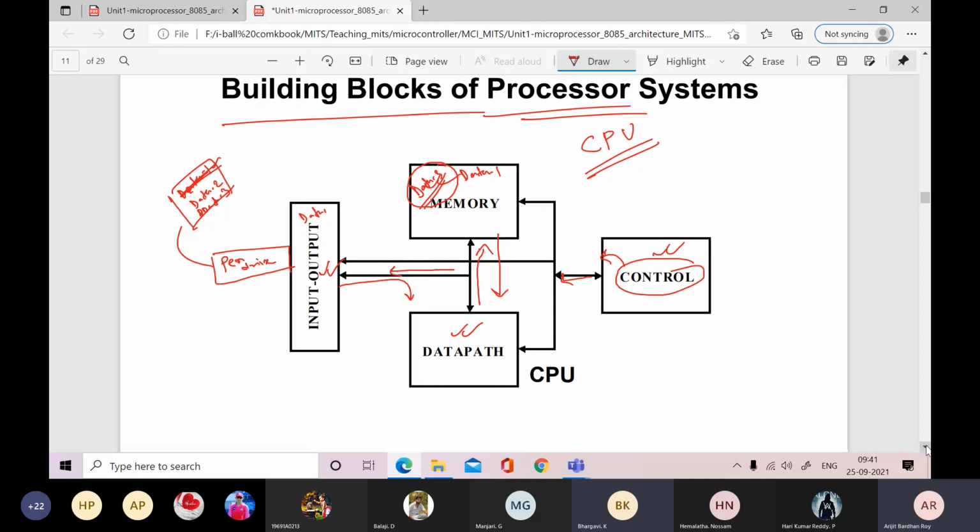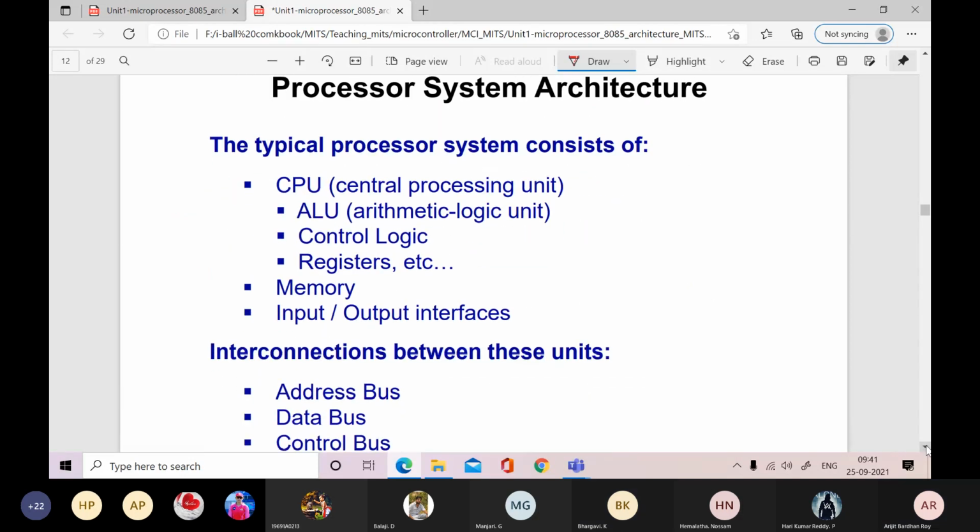So this is the thing. In the processor system architecture, there are some blocks, or you can say some components, which we have to introduce. First of all, the CPU, Central Processing Unit. Under this CPU, the ALU is there, arithmetic logic unit, control logic will be there, and registers will be there.